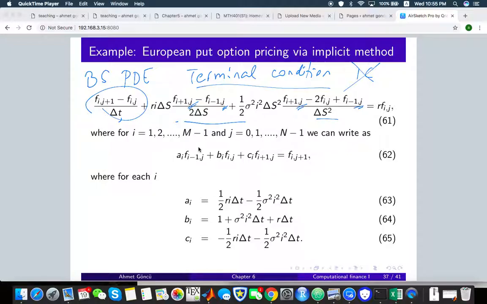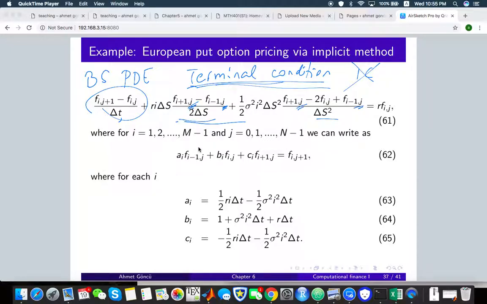Why? Because it's going to be explicitly calculated from the future value, since this time we are coming from backward. We are going backward in time. Therefore, whenever we see the j terms, this leads us to the implicit finite difference method.